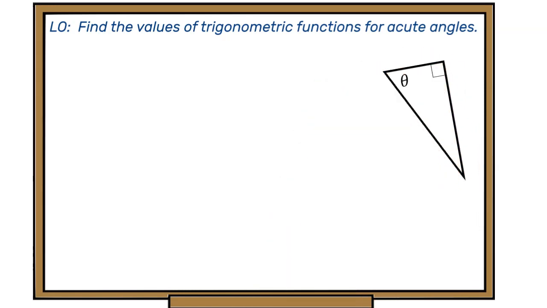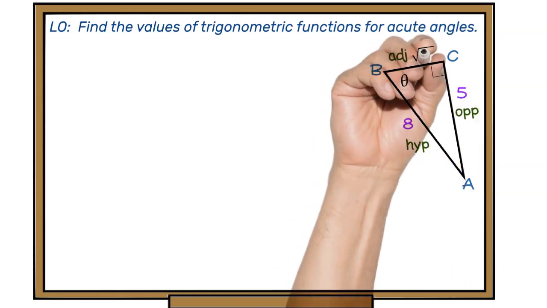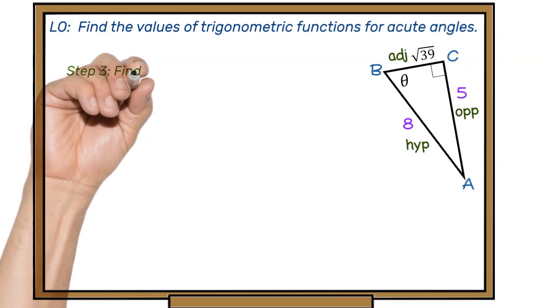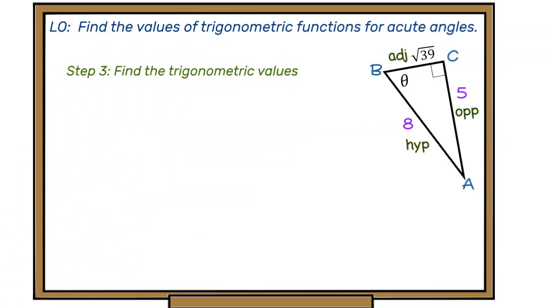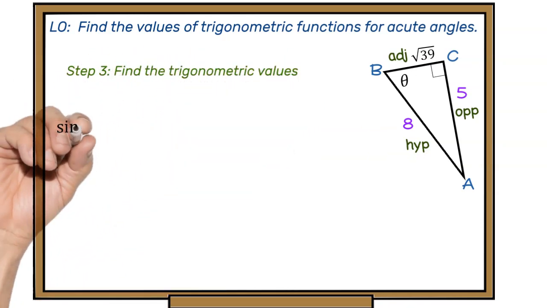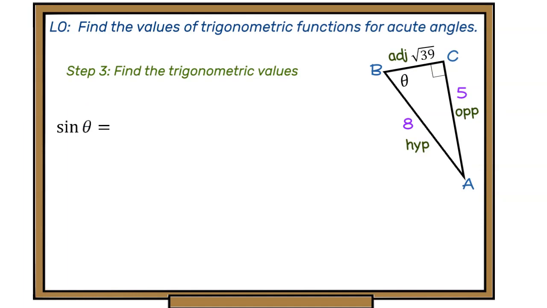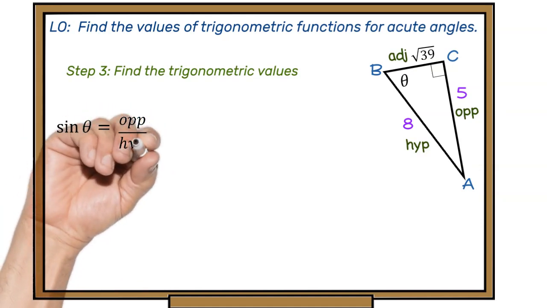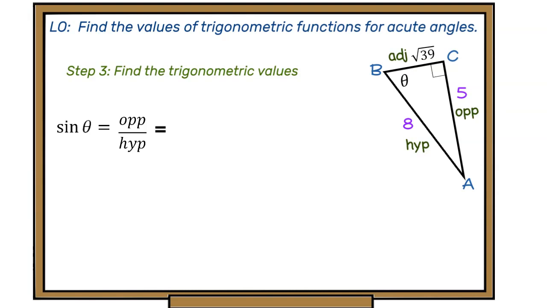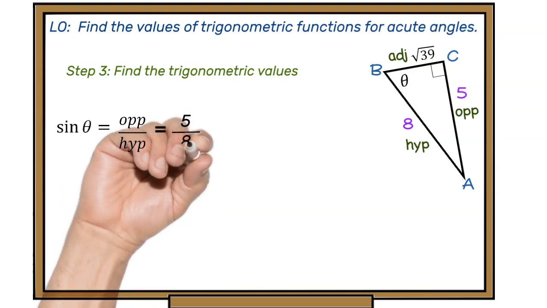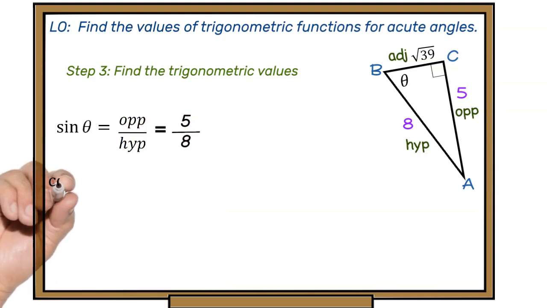So we draw the triangle, and this time we're going to label it adjacent, hypotenuse, and opposite, and write in the values, including root 39. So sine of theta, opposite over hypotenuse, will be 5 over 8.